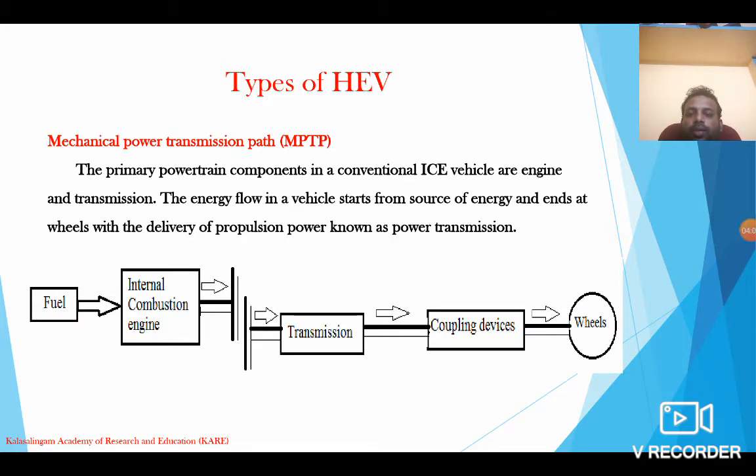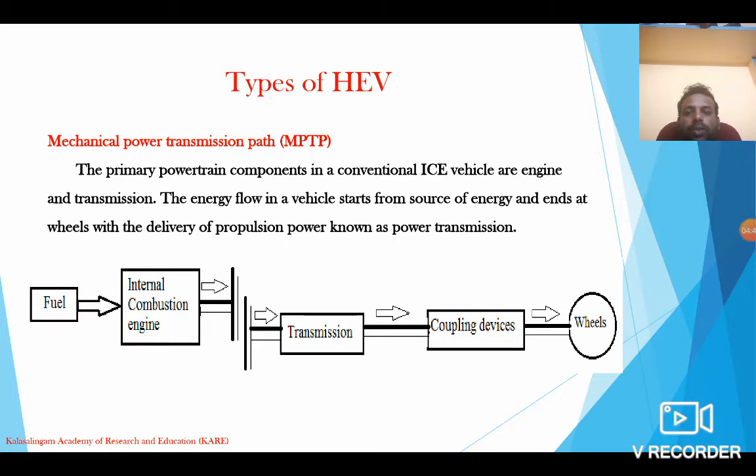For example, from this image you can understand that the internal combustion engine produces power by consuming the fuel. We get the mechanical power output. This power output created by the internal combustion engine is transferred to the driven wheel through the mechanical linkages, through transmission and coupling devices. Since the power transmission happens through mechanical linkages, it is known as the mechanical power transmission path, right?